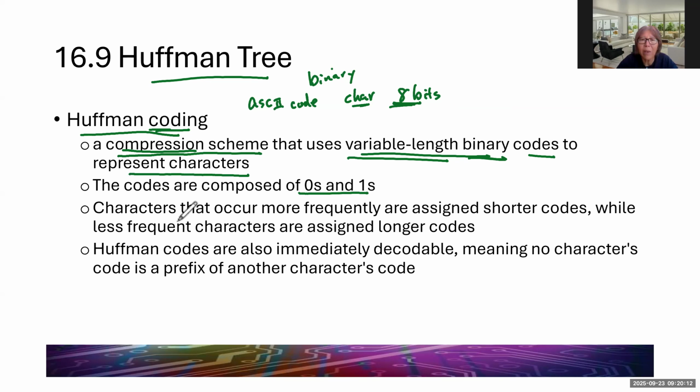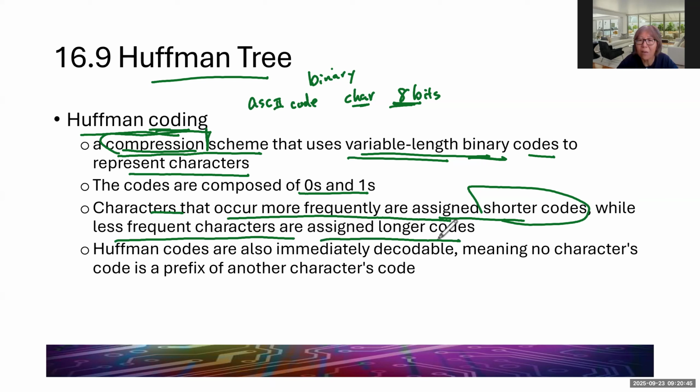The idea is if a character occurs frequently, then it is assigned a shorter code, because the goal is compression. So compression can be achieved better, while less frequent characters can be assigned longer codes.